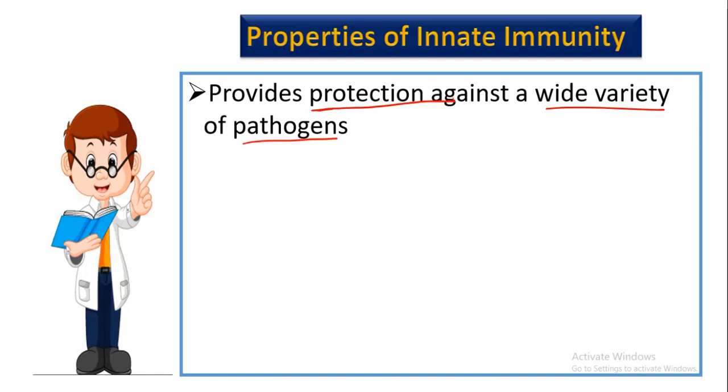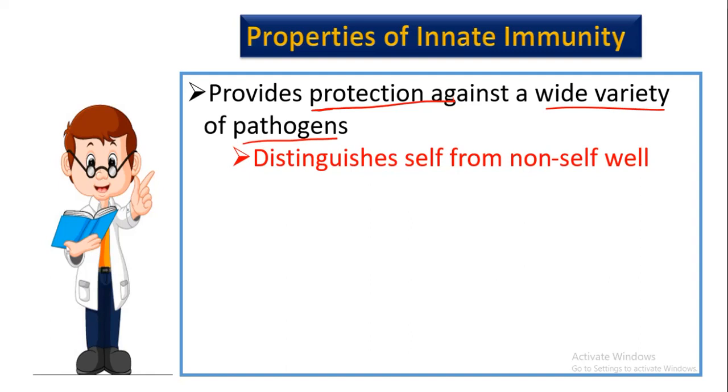Because it is non-specific, it simply means that it provides defense against a wide variety of pathogens. So this point also takes me to something which is very important. Since it fights against various pathogens, this simply means that it's able to distinguish self from non-self.